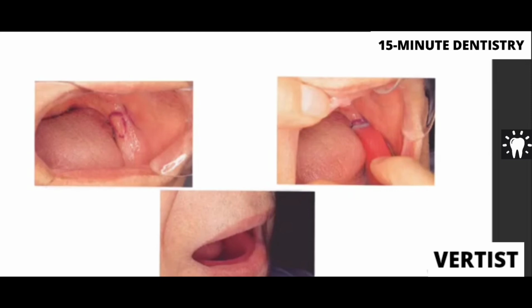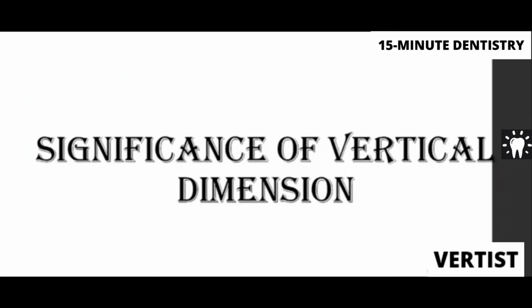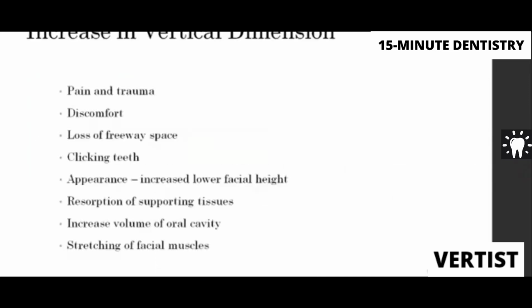So after you record the vertical dimension, you check additionally with Silverman's closest speaking space, then check the lower rim in the patient's mouth: anteriorly the corner of the mouth and its relation with the mandibular occlusal plane, and the retromolar pad area and its relation with the occlusal plane. That will give an indication that you have got the vertical dimension right. Now, what is the significance of this vertical dimension?